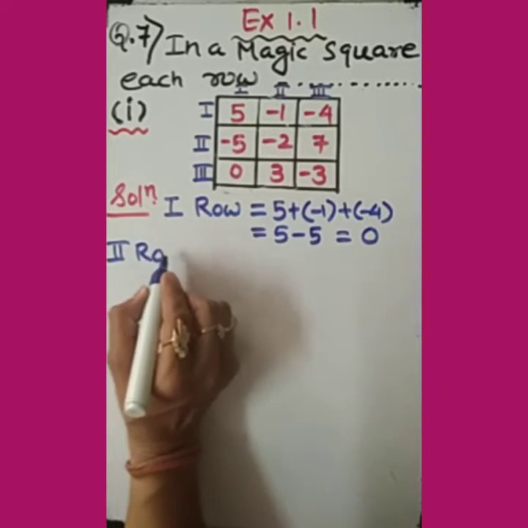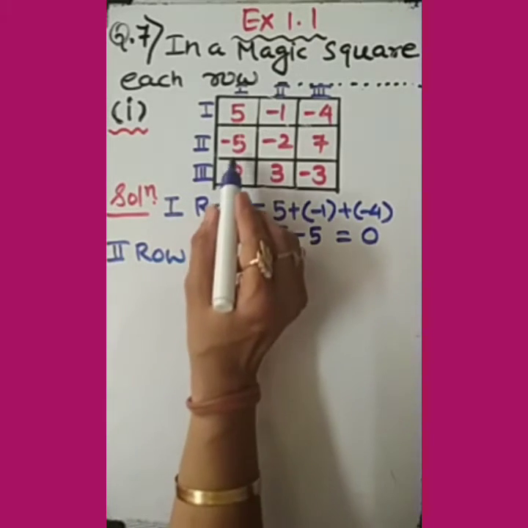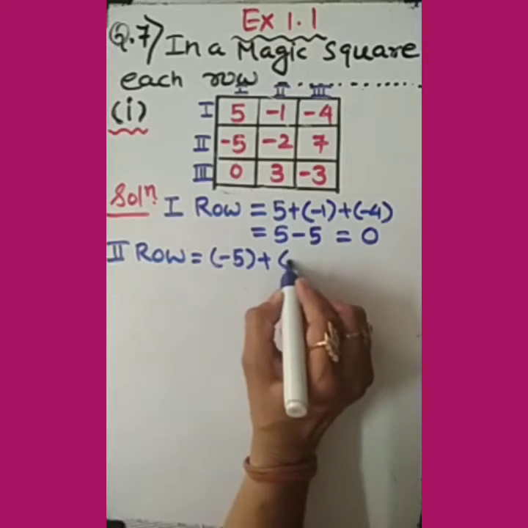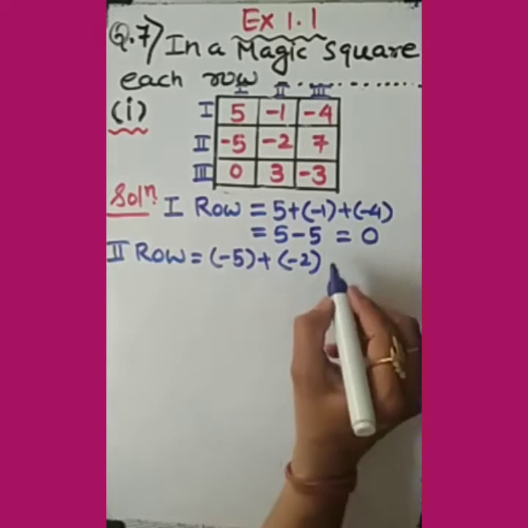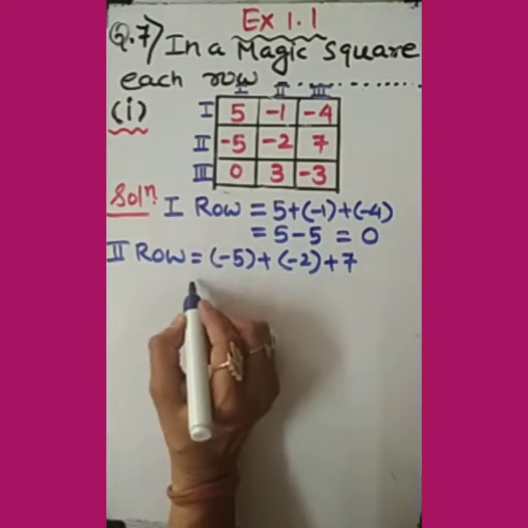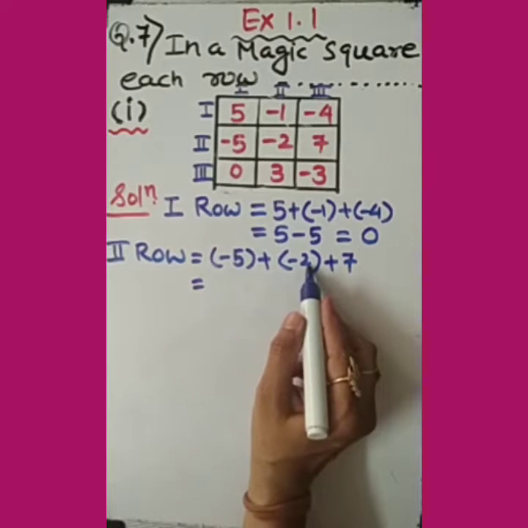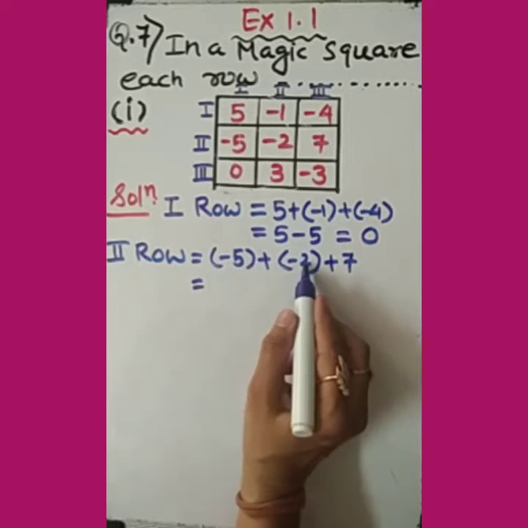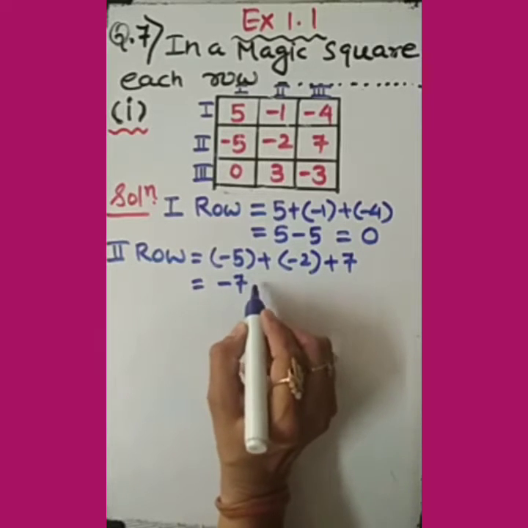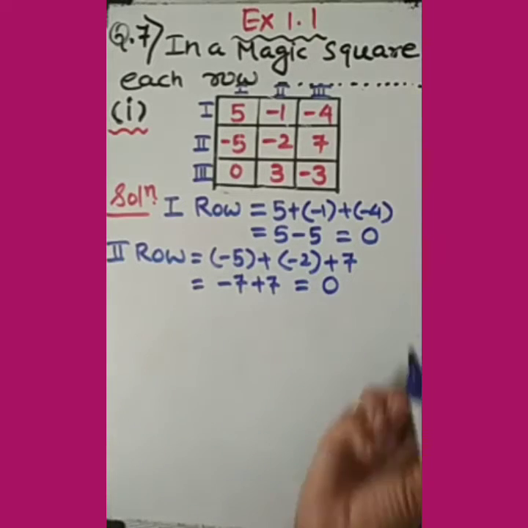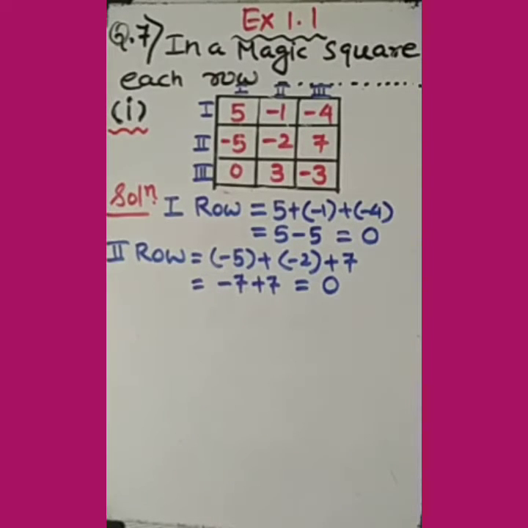Now we'll work out the second row. What are the numbers available in the second row? Observe. They are minus 5 plus minus 2 plus 7. Let's simplify. Minus, minus, plus, we know very well, so minus 7 plus 7, of course opposite sign, so the answer is 0.